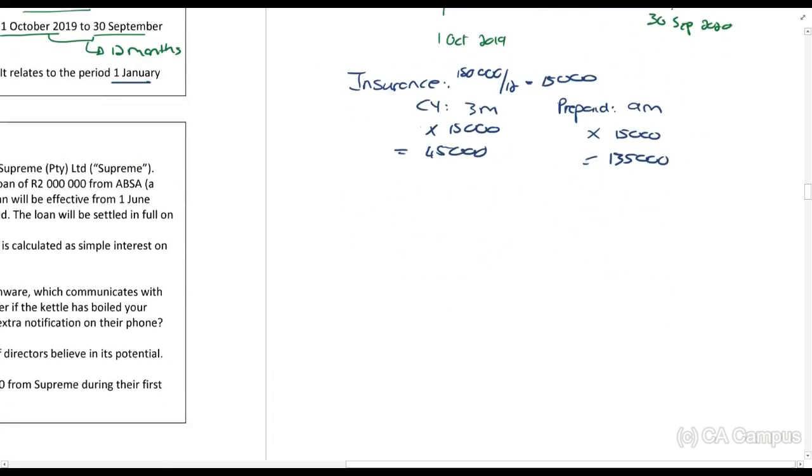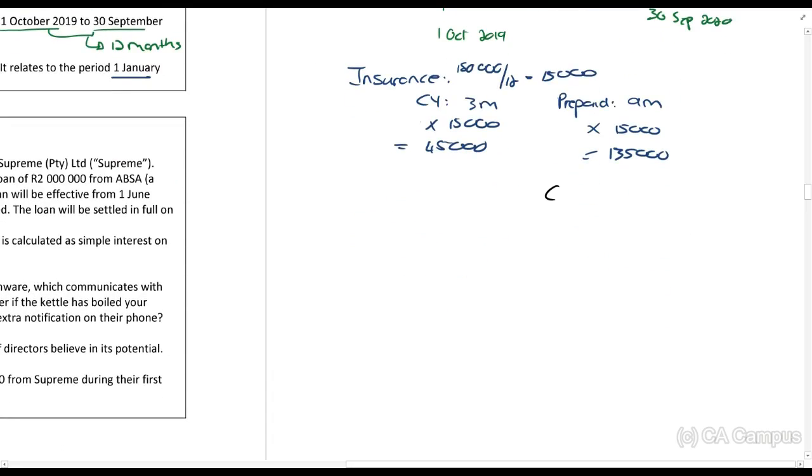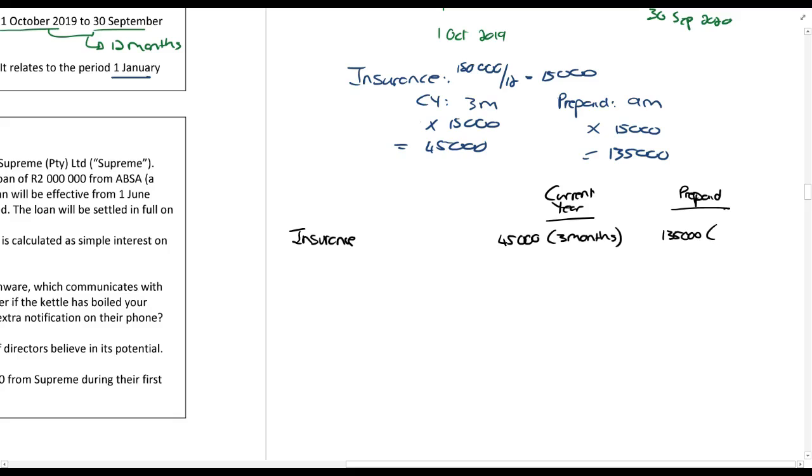So let's do it like this: current year and prepaid. Insurance: 45,000 rands for 3 months is in the current year, and prepaid is 135,000 rands for 9 months.